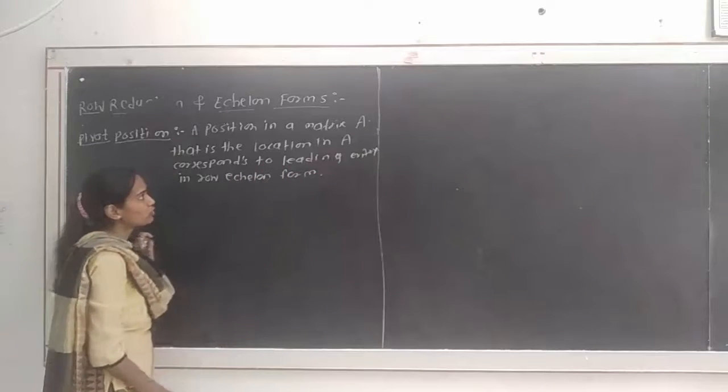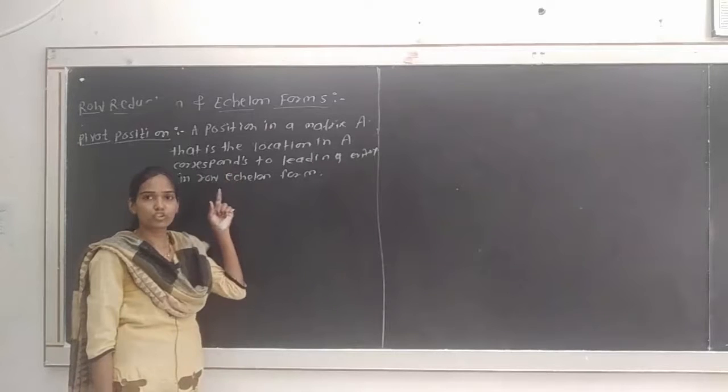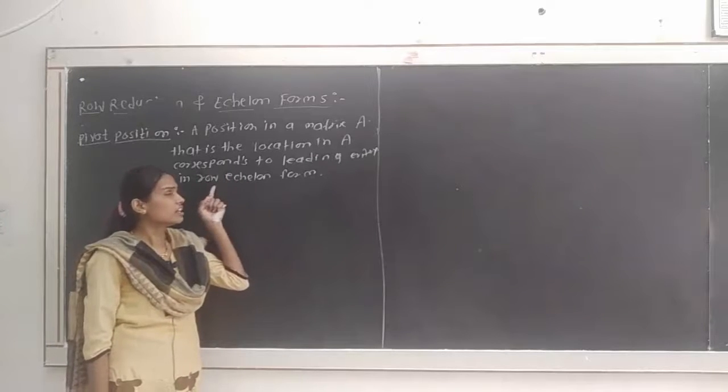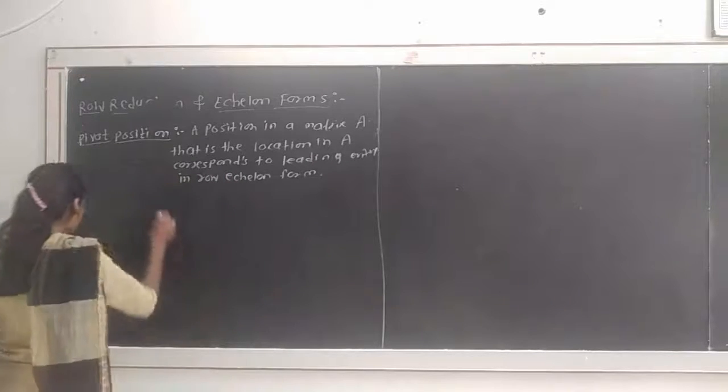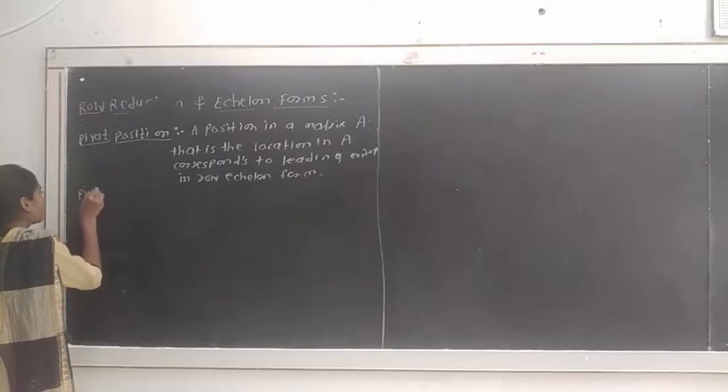So pivot position means the position of the leading entry in the row echelon form. Okay, then next to see the pivot column.